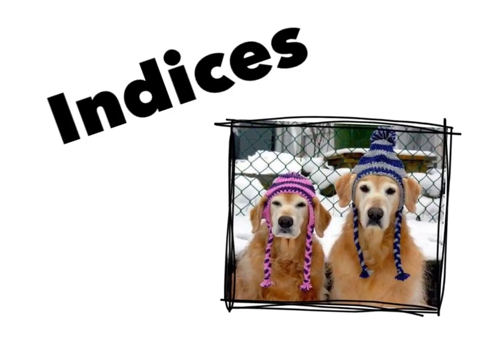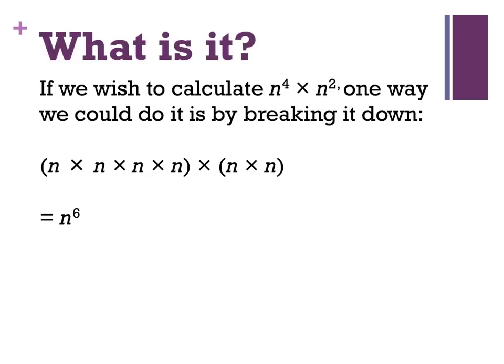Anyway, let's move on. If we wish to calculate n to the power of 4 times n to the power of 2, one way we could do it is by breaking it down. I know that n to the power of 4 means n times n times n times n.